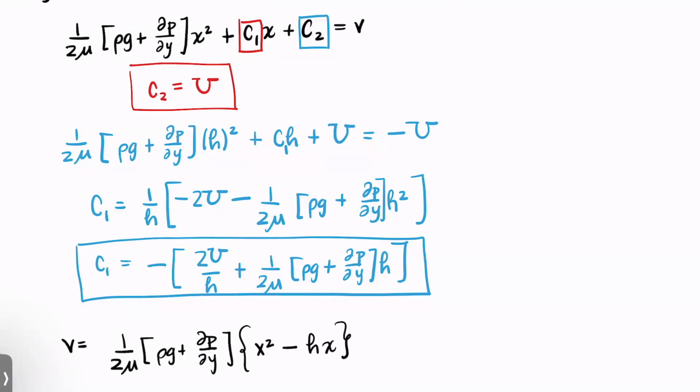And then I also have minus 2U over H times x, plus my C2, which is U. Just to be abundantly clear, my C1 times x term is broken up into here and also here.